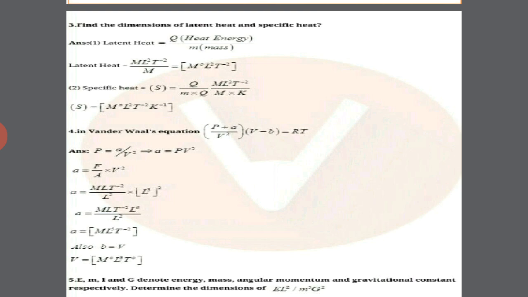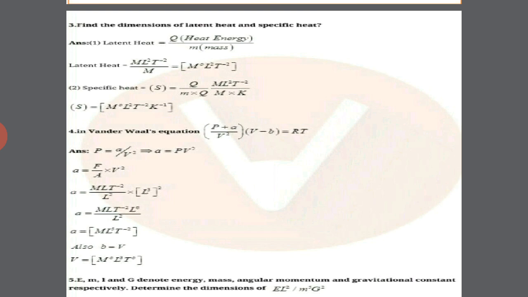Specific heat S is equal to Q upon M into delta T. Then put all the values of dimension formulas, and then we can find out the formula for specific heat. It is M0 L2 T minus 2 Kelvin inverse.